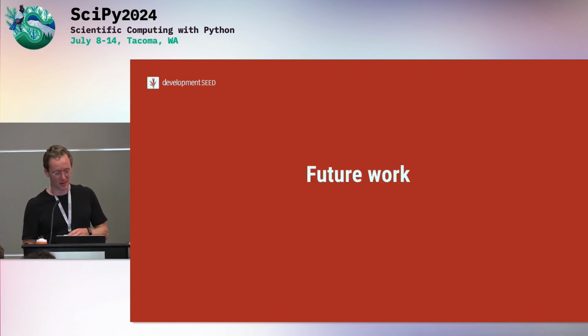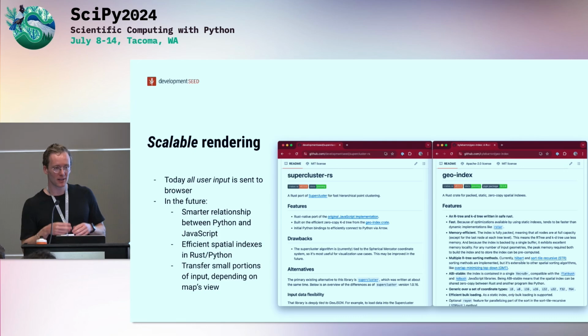I want to talk a little bit about some future work. So far, everything in Lonboard has been more efficient than stuff like IPyLeaflet, but it still sends all of the data that you pass into the Python API to the browser. That means that eventually your GPU will get saturated and you won't be able to render more data.